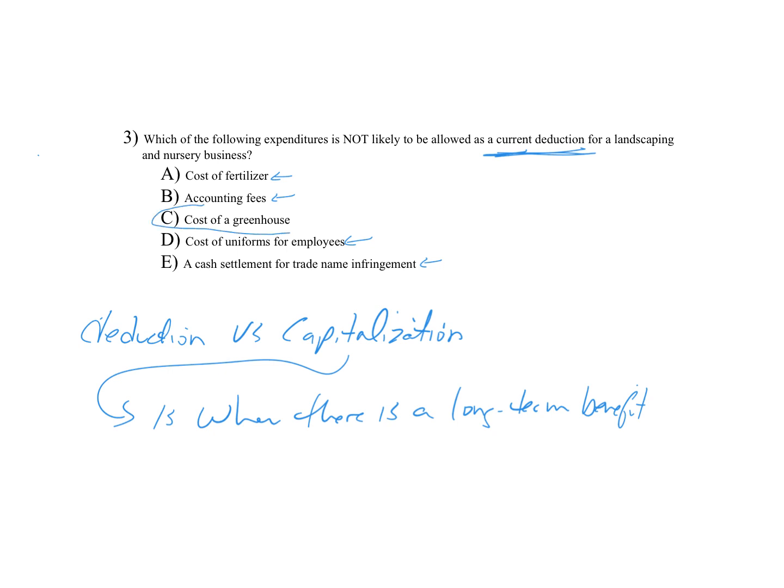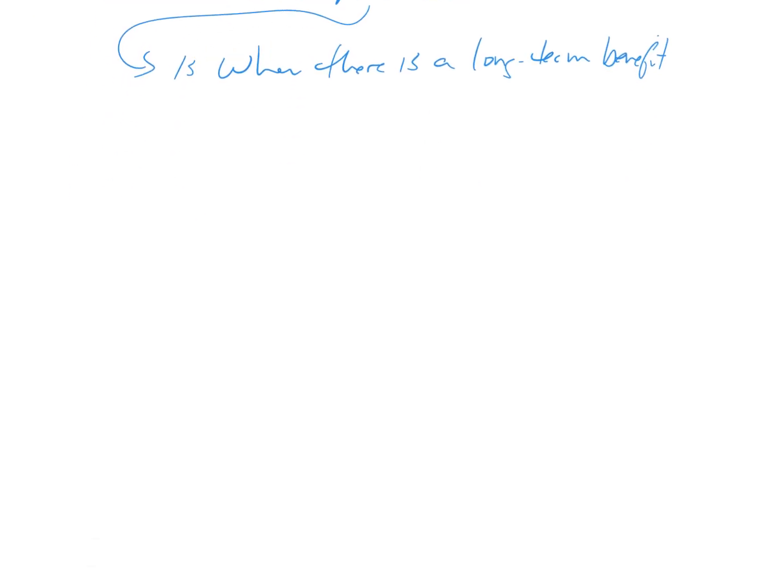The cost of a greenhouse gets capitalized, and the way it gets capitalized is via depreciation. Remember, depreciation is a form of cost recovery. All right, so that's number 3.